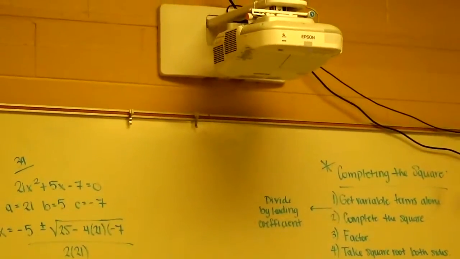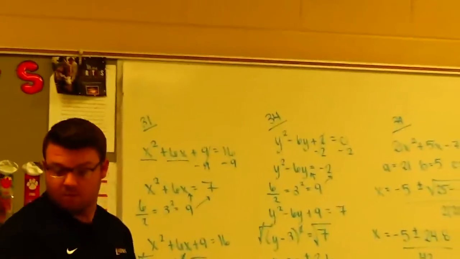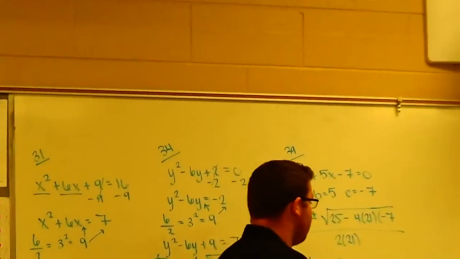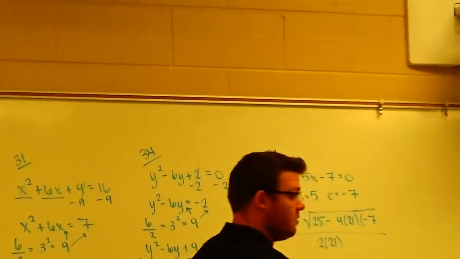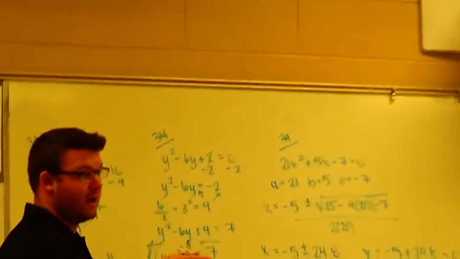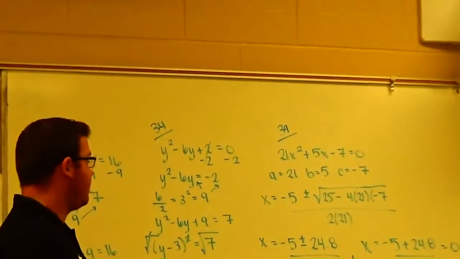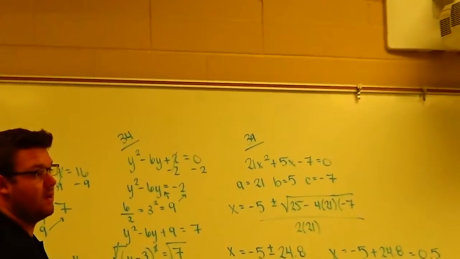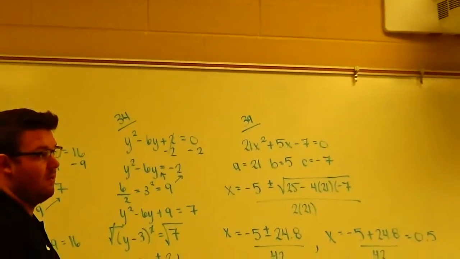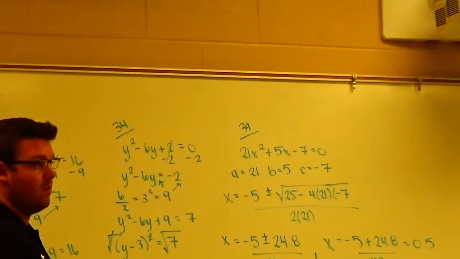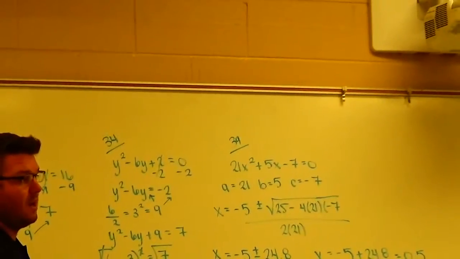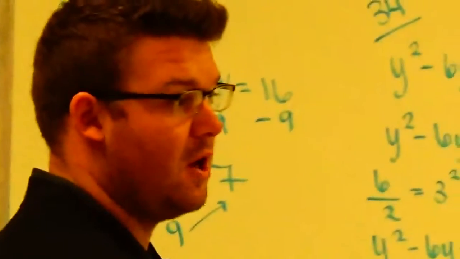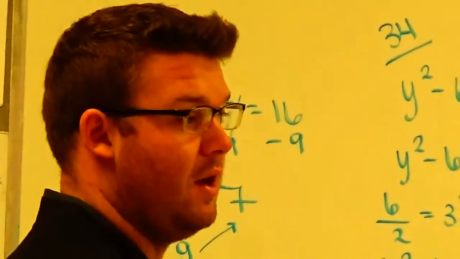And we need 38. How did you plug it into the calculator? I just hit the square root, so hit your second, x squared. And then I would say 25 minus parentheses, 4 times 21 times negative 7, close parentheses twice, because it opened one for you in the beginning. And then hit enter.